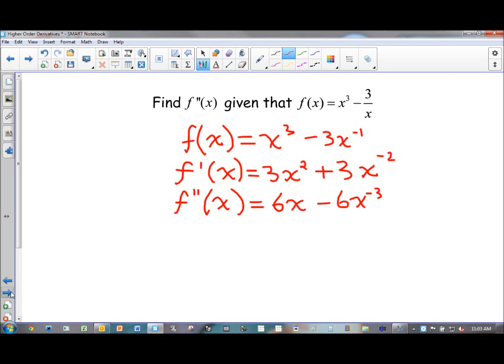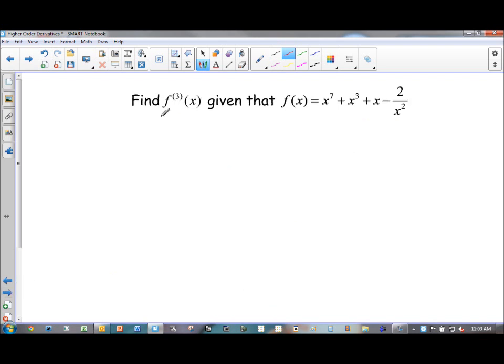All right, so let's do a second example where we're taking the third derivative of this function right here. And again, just based on the last term, it needs some cleaning up first. So f of x will equal x to the 7, that looks fine, plus x to the third, that looks fine, plus x to the 1, that looks fine. But let me change this last one to 2 times x to the negative 2. So again, I haven't taken the derivative, I'm just writing it more neatly so that I can apply my rules.